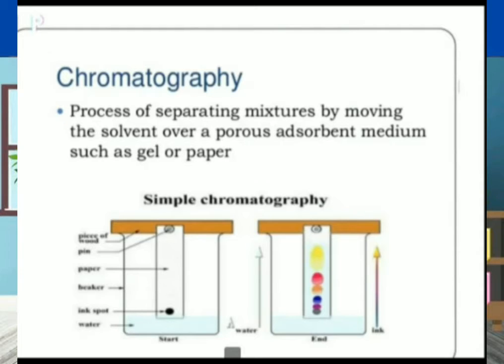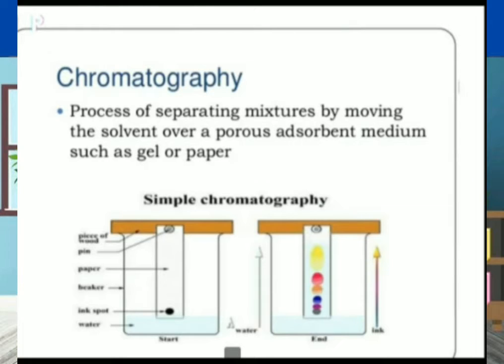Let it dry. After that, dip it into a jar, glass beaker or test tube. Look at this picture. There is a drop of ink on the filter paper. Put the paper just above the water level.